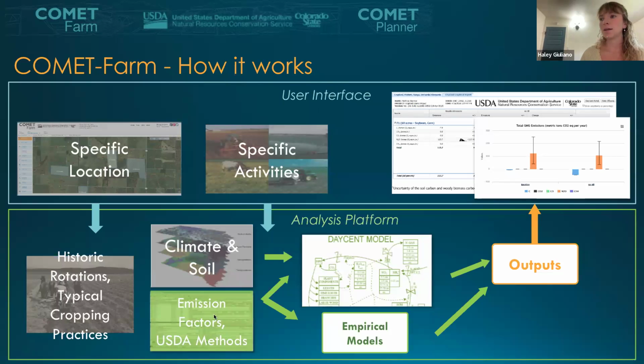And it's also based on your specific activities, so what management and crop types you add in there is going to drive which emission factors and USDA methods are implemented, as well as that DACENT model, to then provide your estimates on a tabular and graphical report, which we will look at.